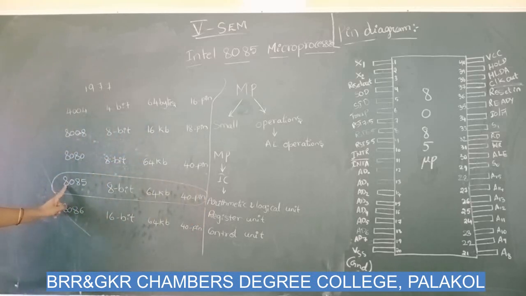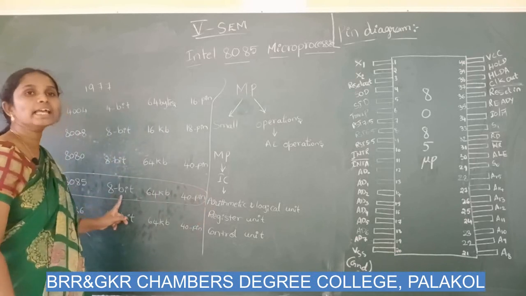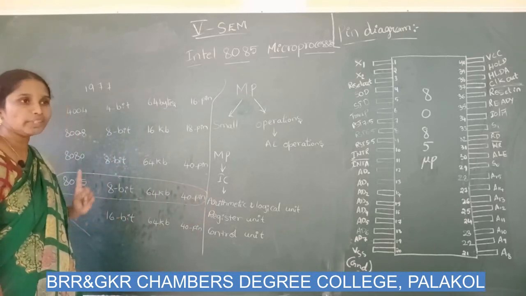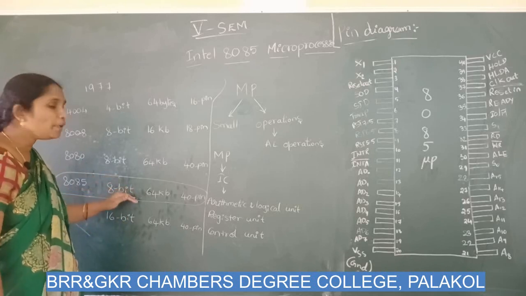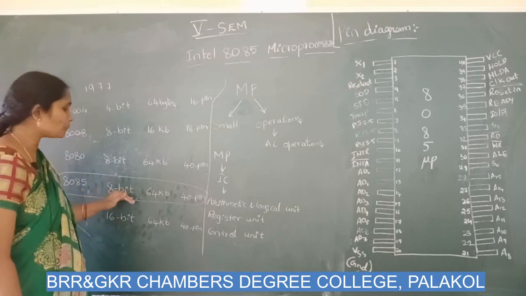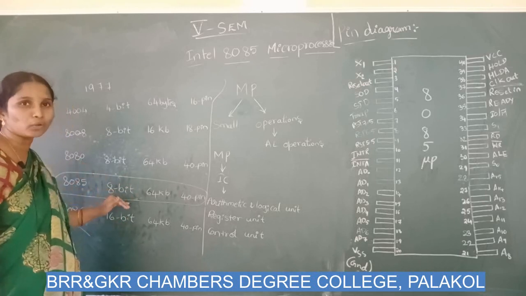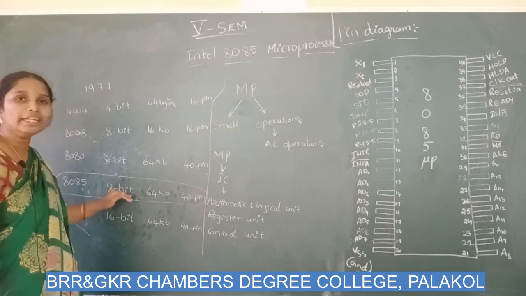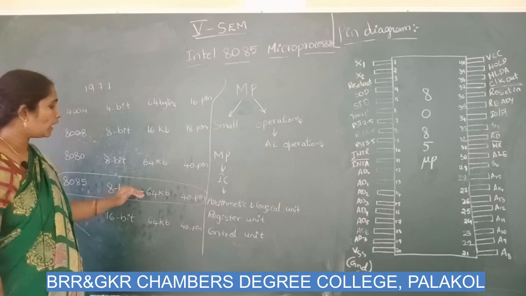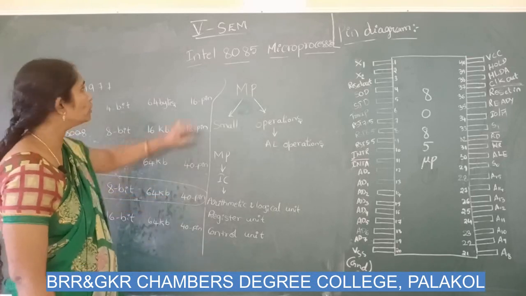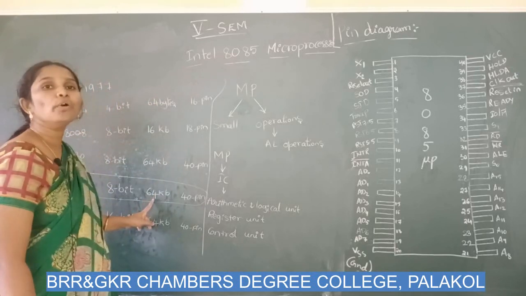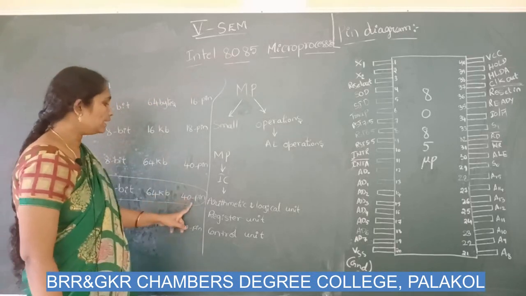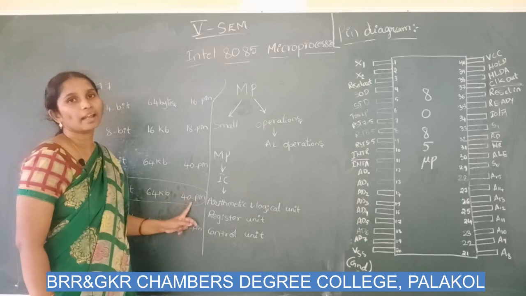The 8085 microprocessor is also called an 8-bit processor. That means the processor can process 8 bits of information. The memory size of the 8085 microprocessor is 64 kilobytes and it is a 40-pin IC.